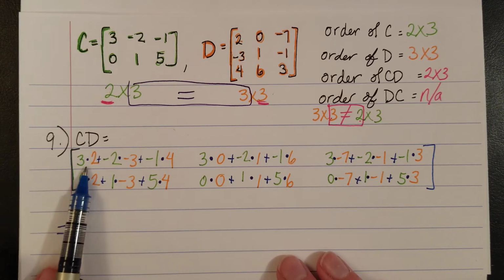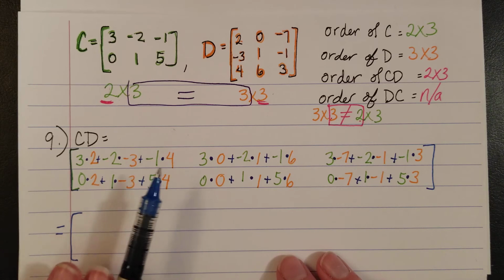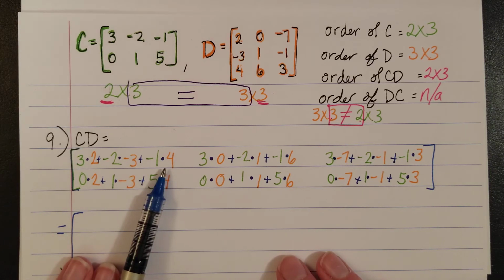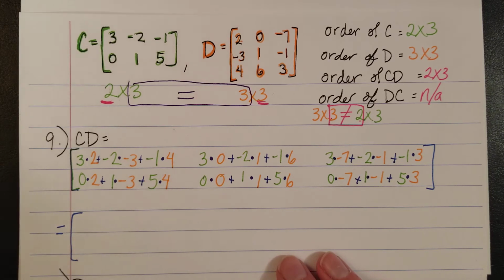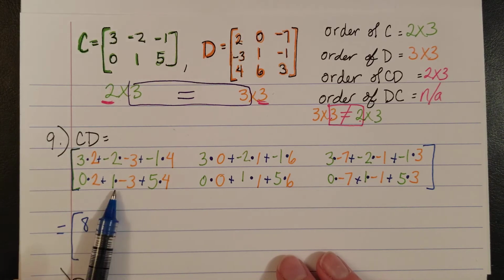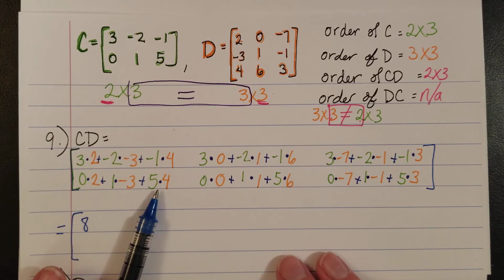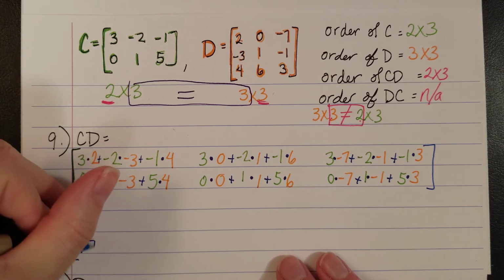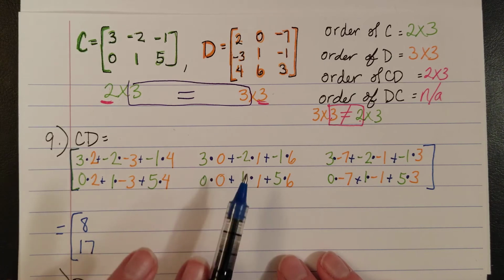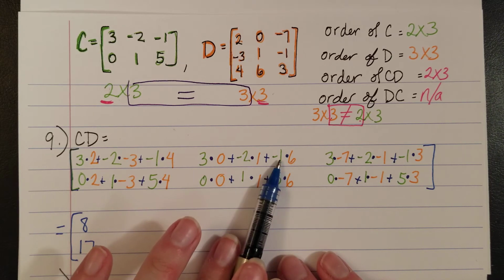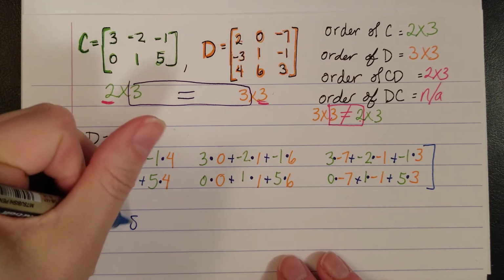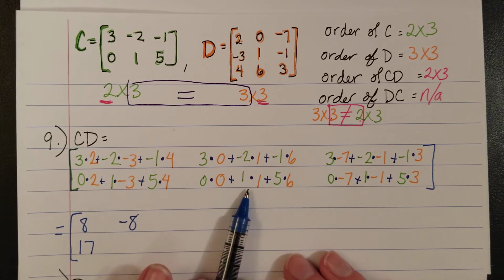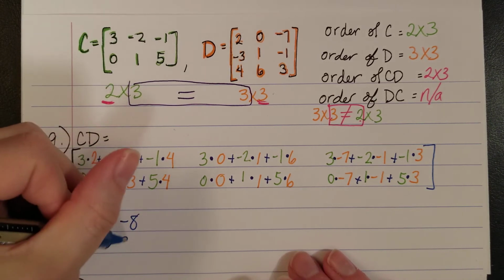All right, that's going to be 6 plus 6 minus 4. So that's going to be 8. 0 minus 3 plus 20, so that would be 17. 0 minus 2 minus 6 would be negative 8. 0 plus 1 plus 30 would be 31.